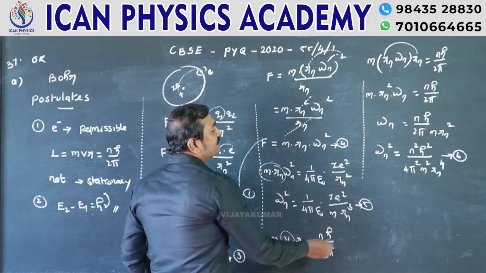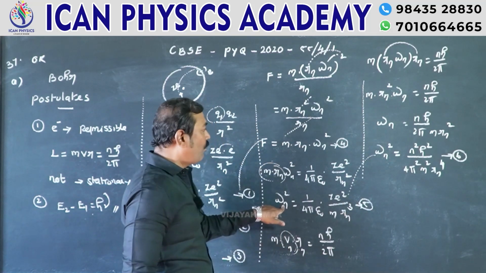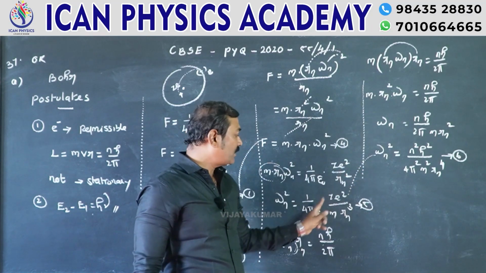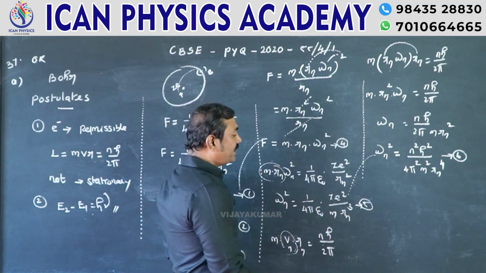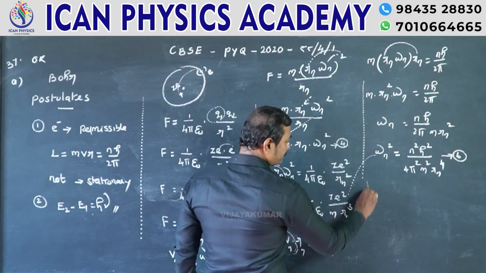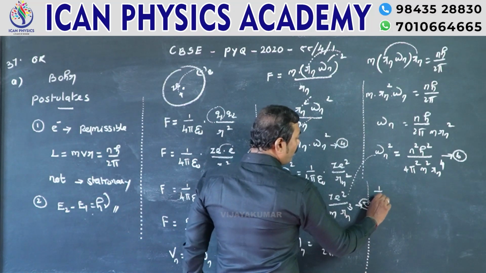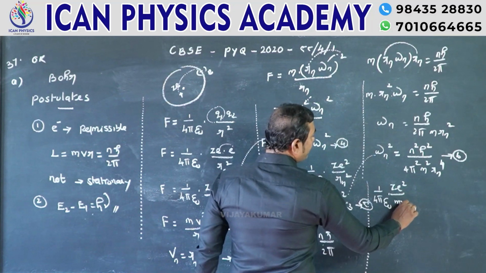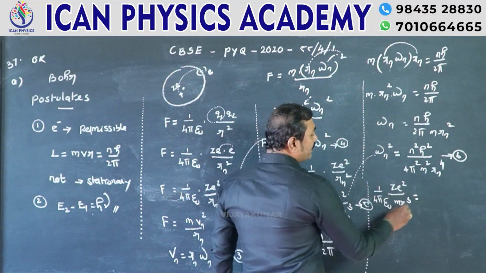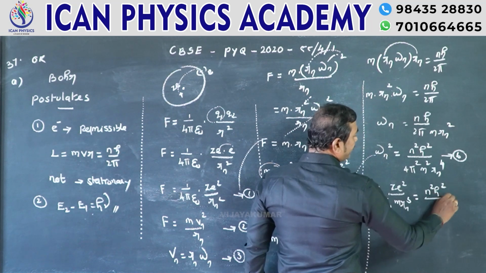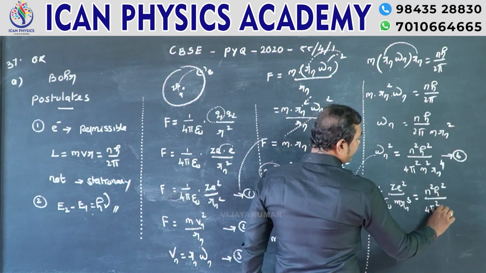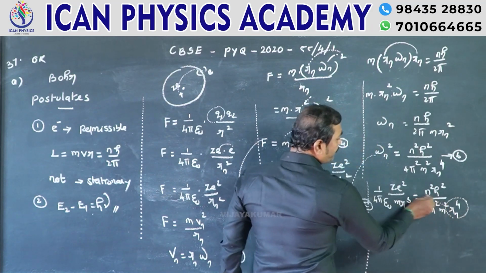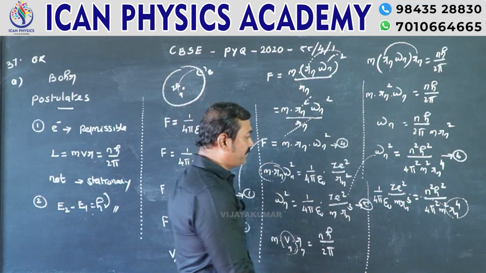Now compare 5 and 6. Omega n squared, omega n squared. Now LHS are equal, so automatically RHS are equal. So it becomes 1 by 4 pi epsilon 0 Z e squared by m into Rn cube equal to n squared h squared by 4 pi squared m squared Rn power 4. So in the division Rn power 4 comes to this side as multiplication.